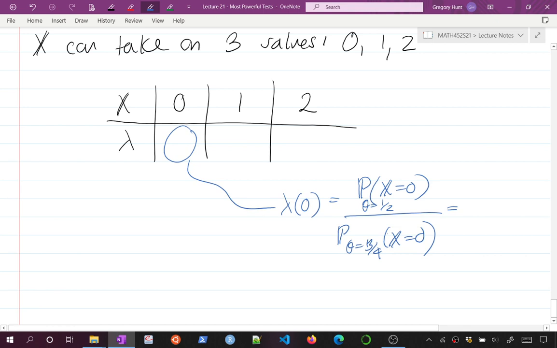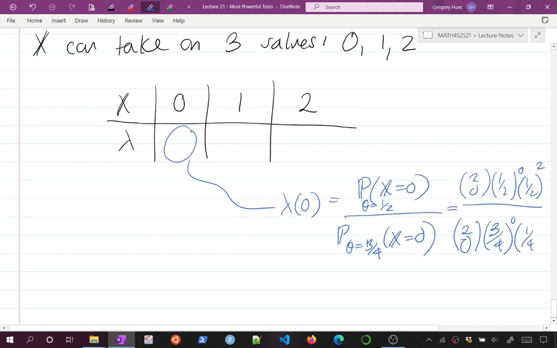It's going to be something like the top is 2 choose 0, 1/2 to the 0, 1/2 to the 2, and then divided by, so these are just using the binomial PMF formula, the bottom is 2 choose 0, 3/4 to the 0, and 1/4 to the 2.